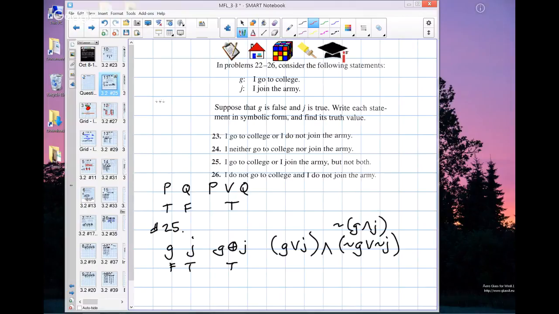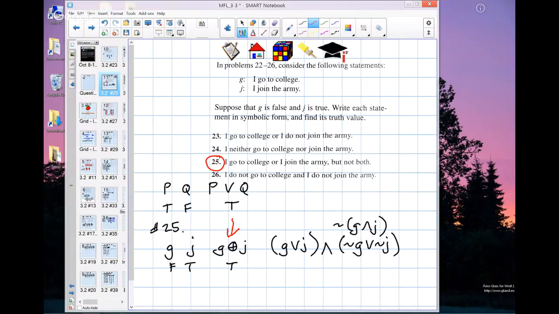So you're right. Number 25, here it is in the book. I go to college or I join the Army, but not both. You're right, Susan. That is perfect for the exclusive or. So you notice that's what I set out down here. I used the abbreviation G for go to college, and J for join the Army.